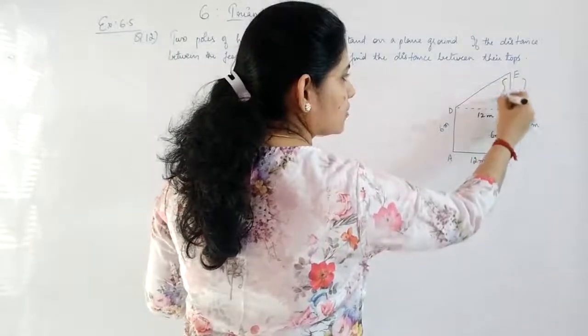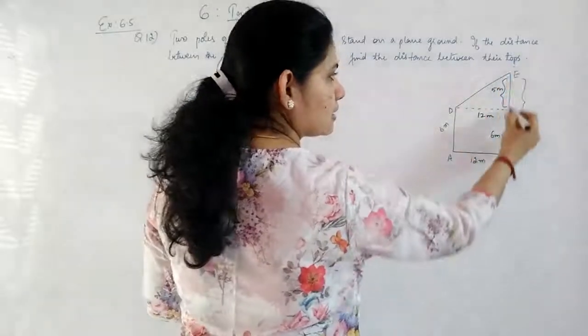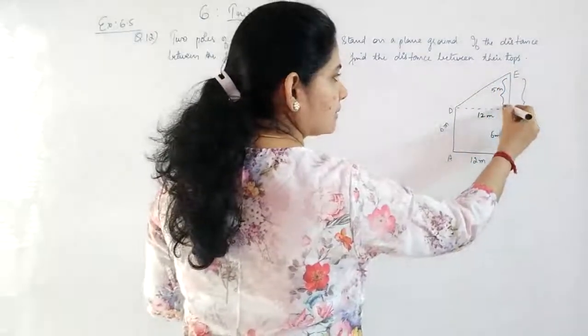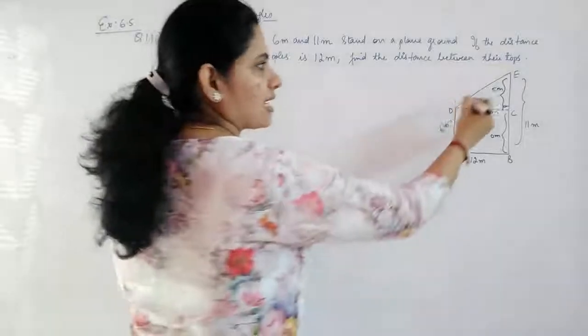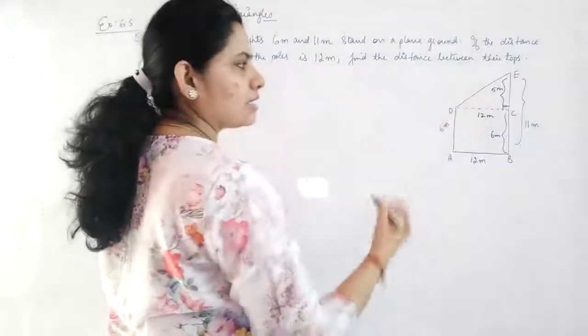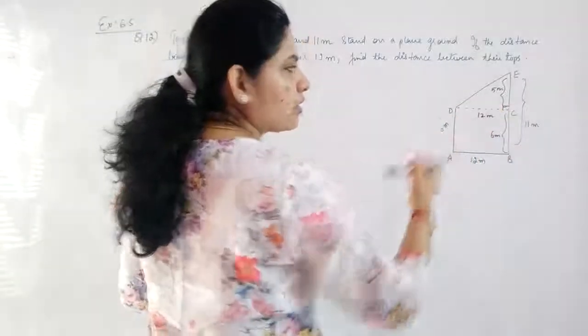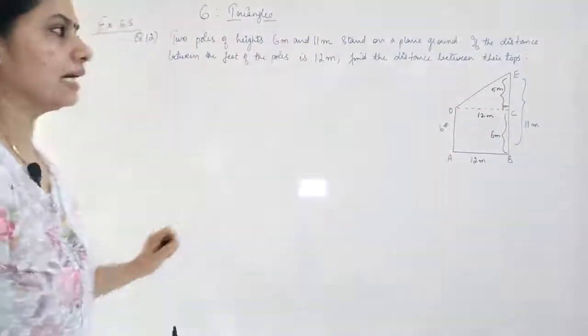Hence you will get this to be 11 minus 6, which is 5 meter. Now, since this is perpendicular, DCE is a right angle triangle at C. So now you can use Pythagoras theorem and find out DE.